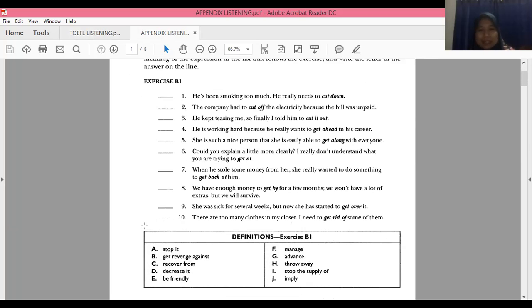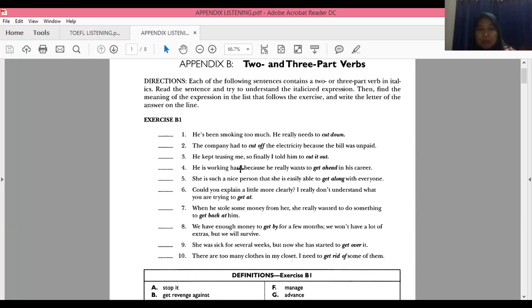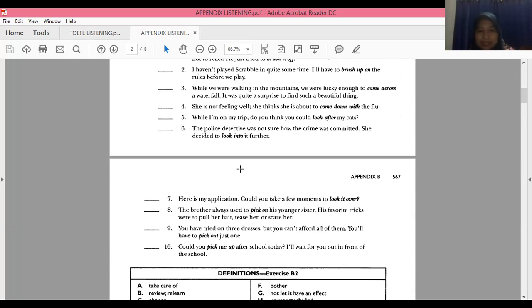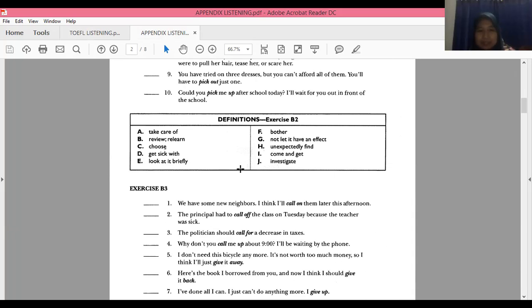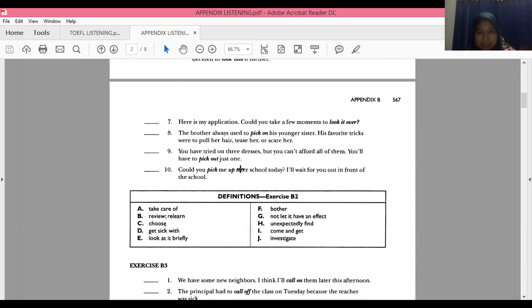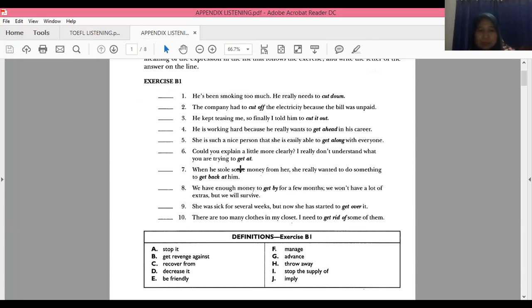Now, please have a look at the exercise I sent in the group chat. Two- and three-part verbs. Appendix B. Exercise B1 and B2.